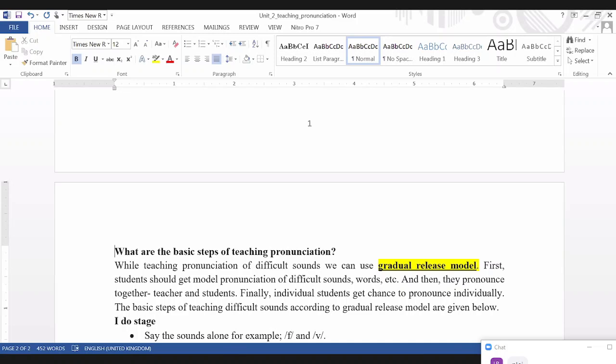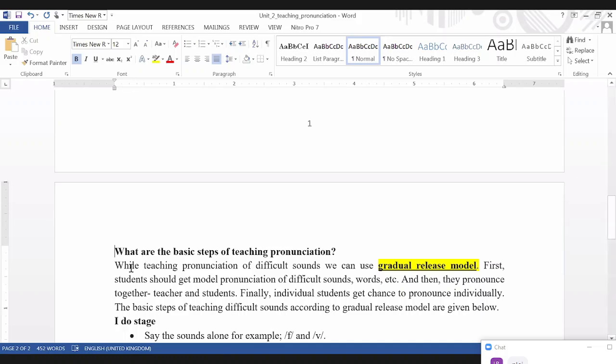Then also mention some basic steps of supporting learners to learn pronunciation of those difficult areas. It could also directly ask about activities: what are the different activities or techniques we can use to support students in learning pronunciation? If activities are asked, we go to activities; if basic steps are asked, we go to the gradual release model.